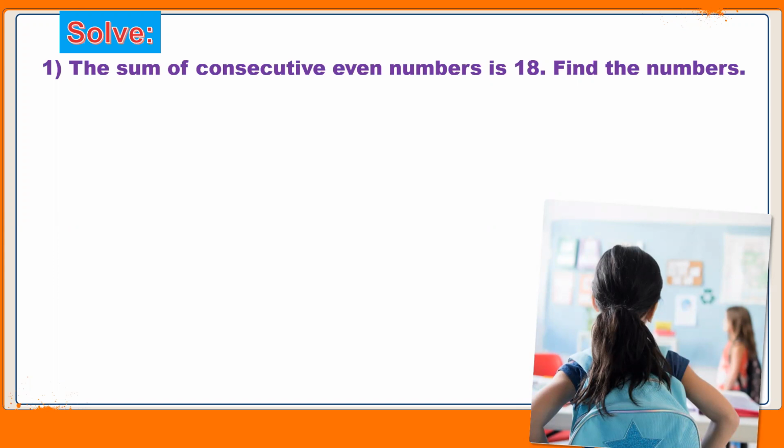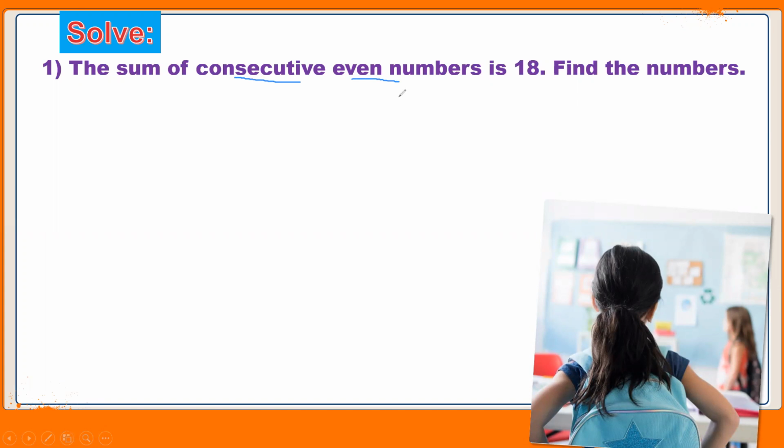Solve. Number one question today: the sum of two consecutive even numbers is 18. Find the numbers. This is the question. So here both the numbers are unknown. When both the numbers are unknown, and here what is written? Consecutive even numbers.